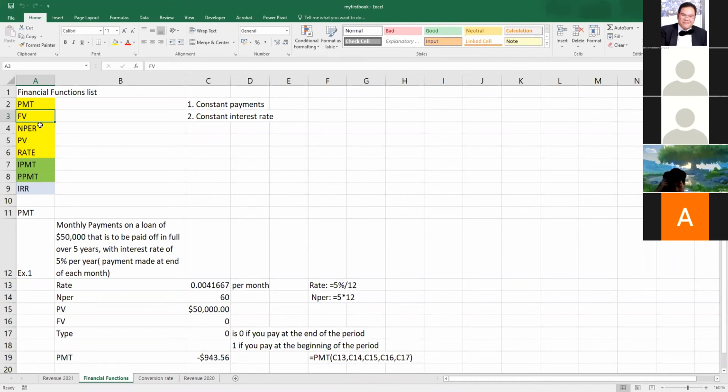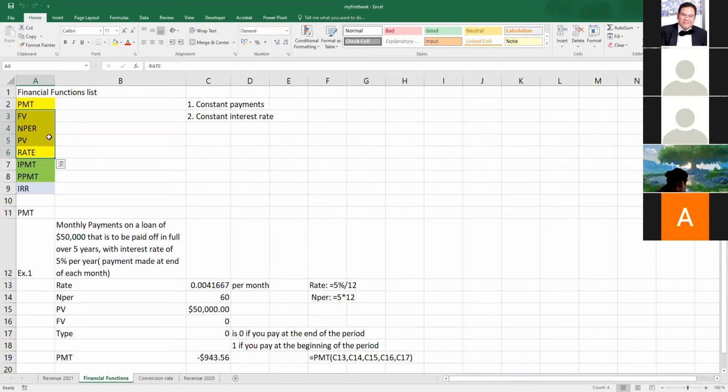When we use one of these functions, the rest of the functions work as the arguments for that function. When you prepare the values for the arguments to calculate the output of that function, one thing you have to do is set the values for those arguments to match the period in which you pay or invest the money.